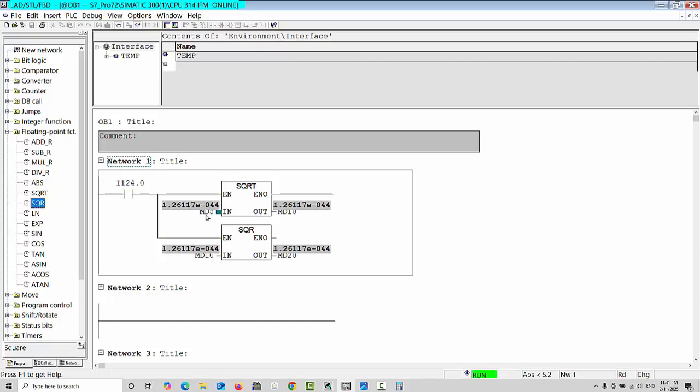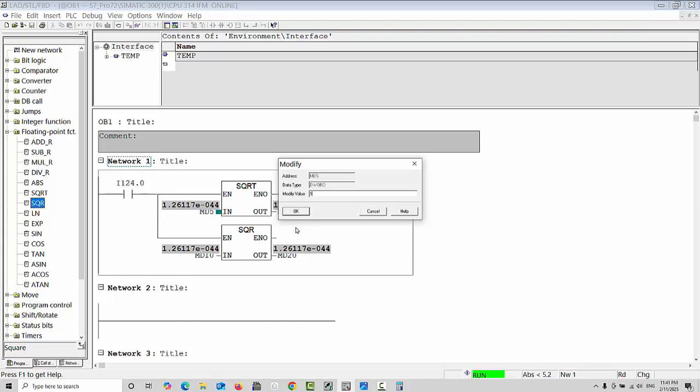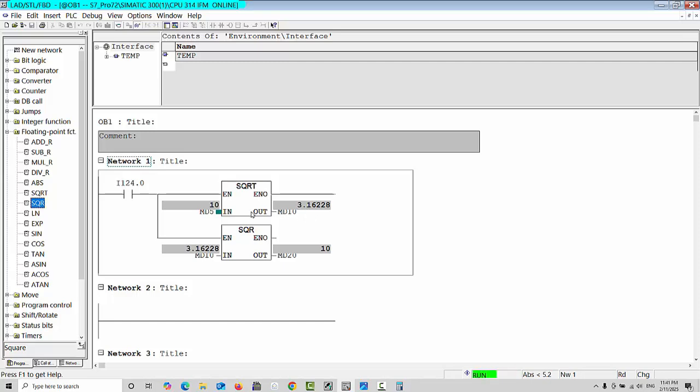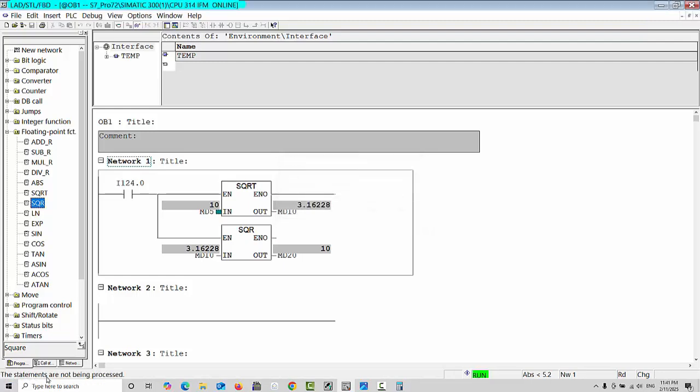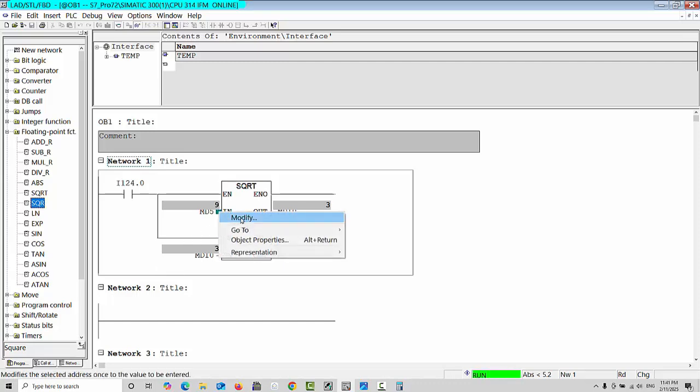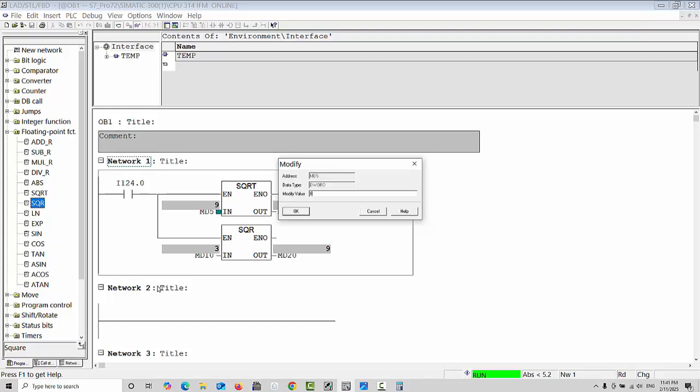And same as, for example, we will modify this one, for example 10.0, this is how much, 3.1. And also one more thing, if we want to find this one, 9.0, you will find the answer 3, because when writing, the value we have to write correctly, right? For example 8, if you write 8.0, you will get the correct answer.